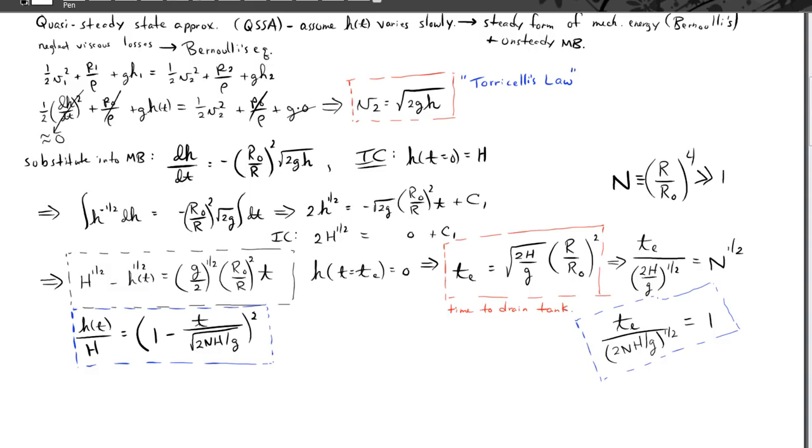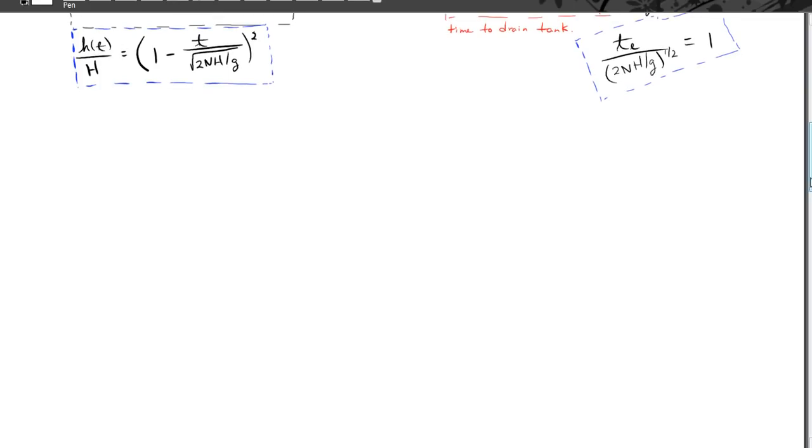All right, so now we might say, what if the quasi-steady state approximation is not used? In other words, how can we assess the accuracy of the quasi-steady state approximation?